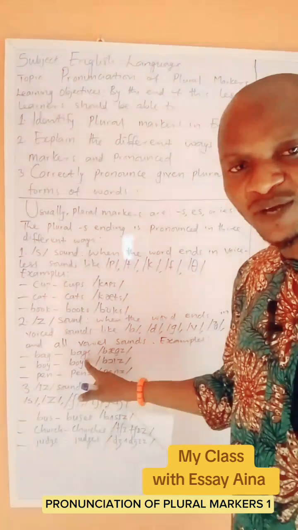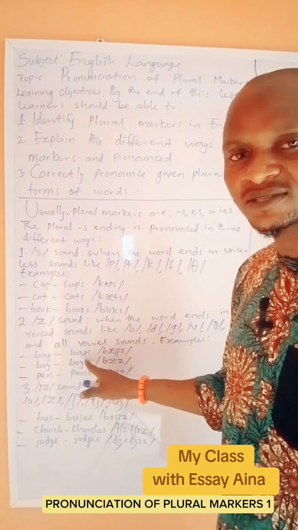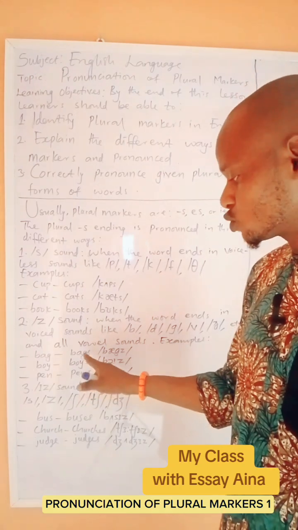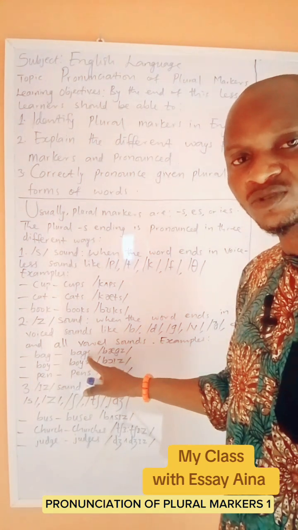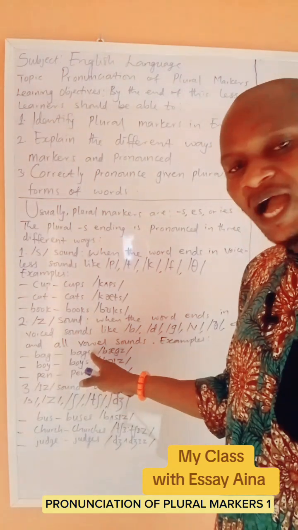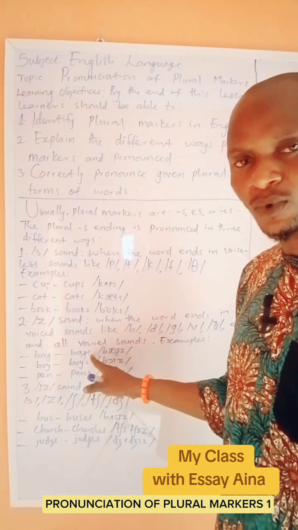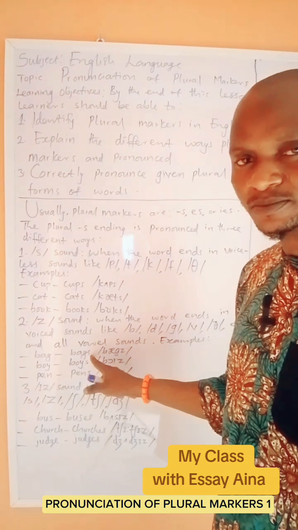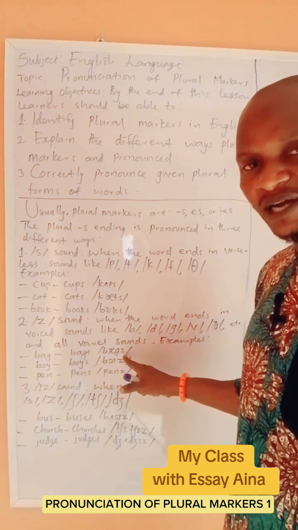And how do you pronounce it? It's not bags with an s sound, it is bagz. So the rule says that this s will change to z when it comes after a voiced consonant or any vowel. So it is bagz.